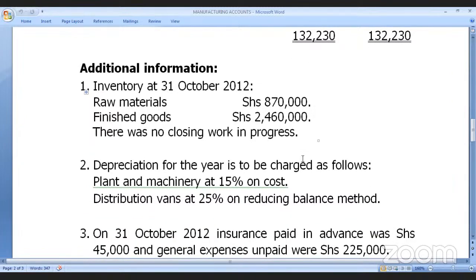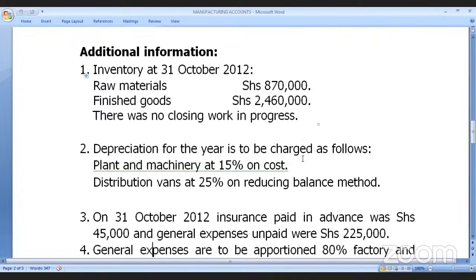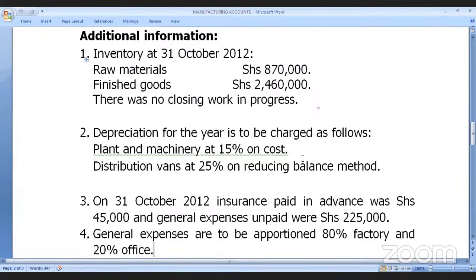Then at 31st October 2012, we have insurance paid in advance of shillings 45,000, and general expenses unpaid were 225,000. Then in addition to that, you have the general expenses, and these are to be apportioned 80% factory and 20% office.